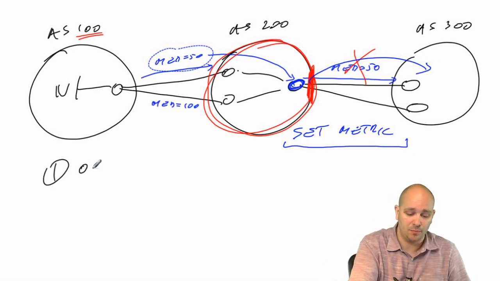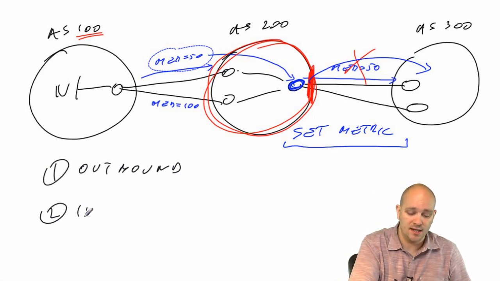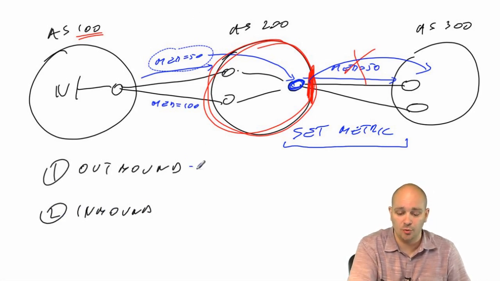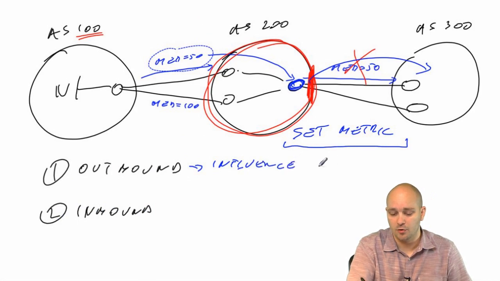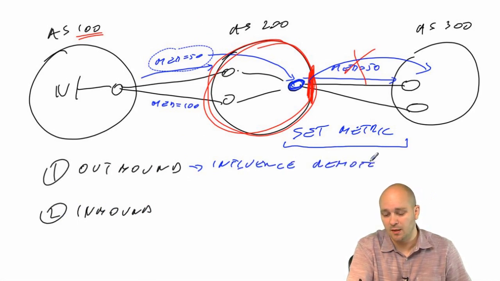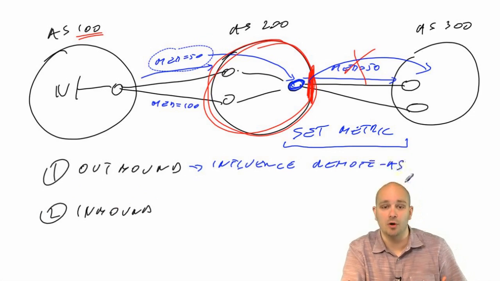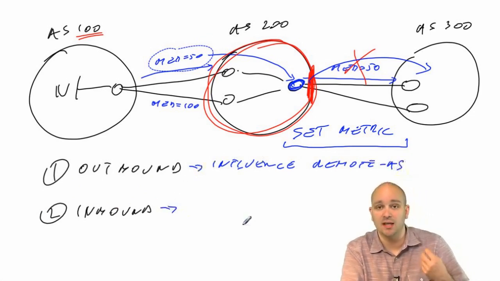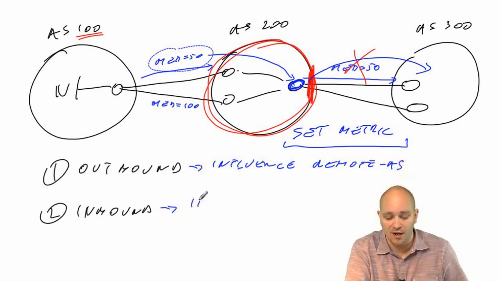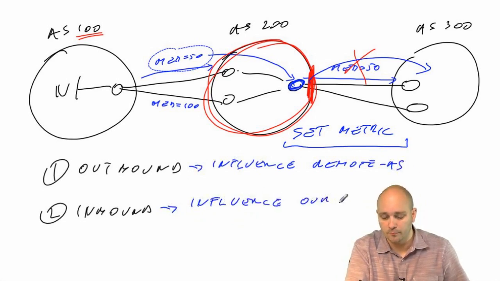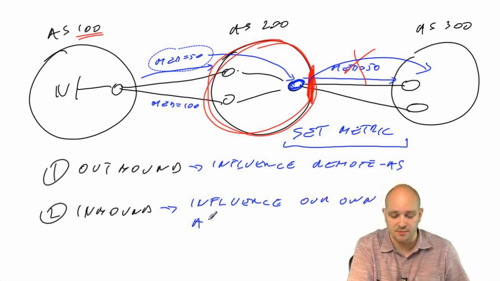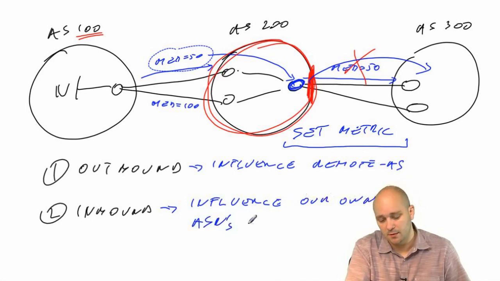One is outbound, and the other one is inbound. When we set outbound, we are trying to influence the remote AS, what decisions are made in the remote AS. But when we set the metric inbound, we are trying to influence our own autonomous system's decision.